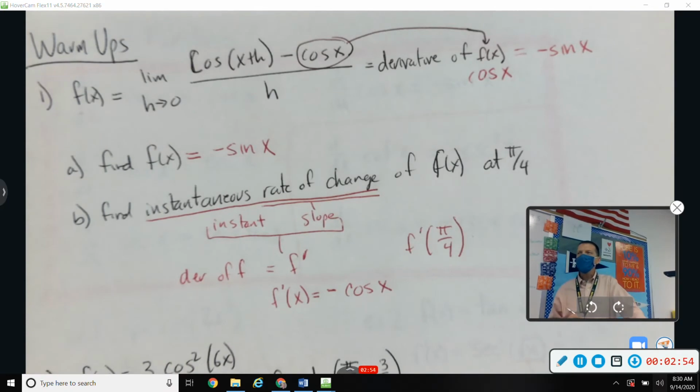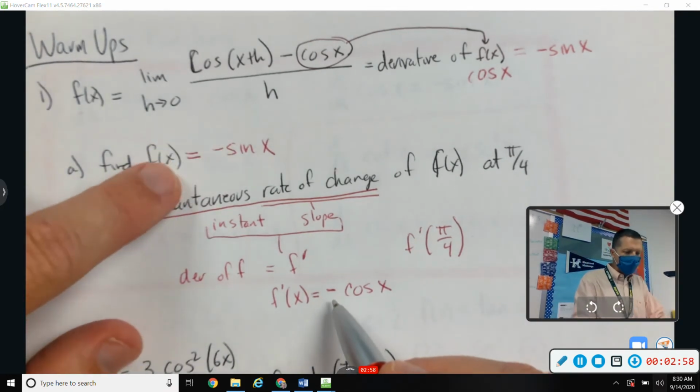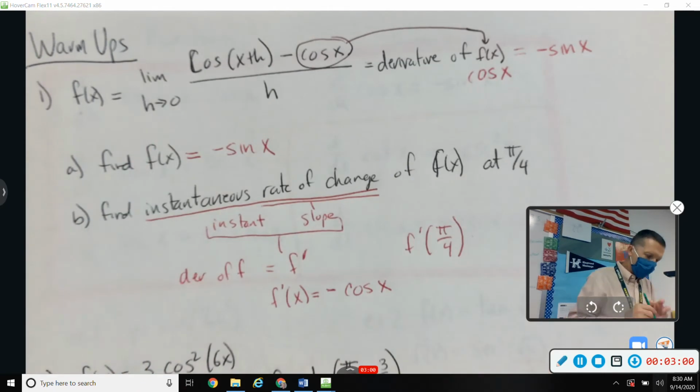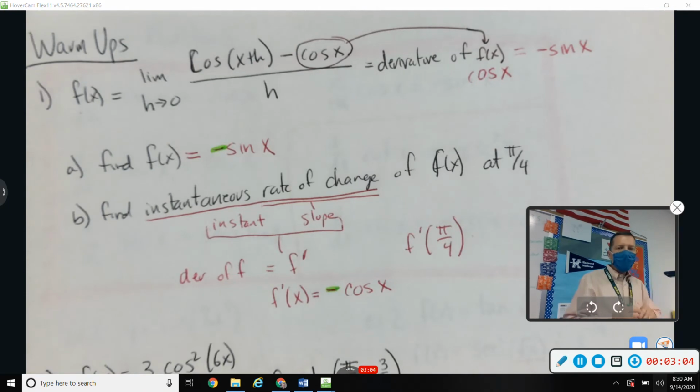So the sign goes with it. So again, this one's negative, not because the derivative of sine is negative, but because that negative is that negative. The derivative of sine is cosine, but that negative is still there.